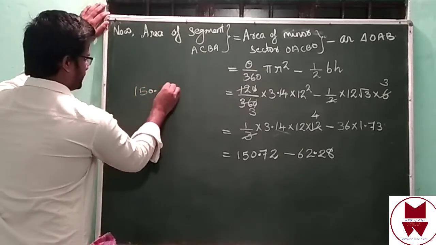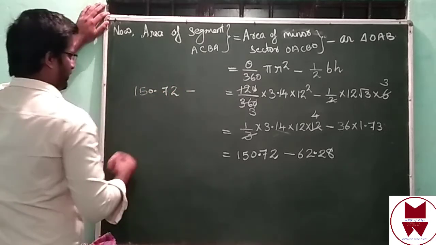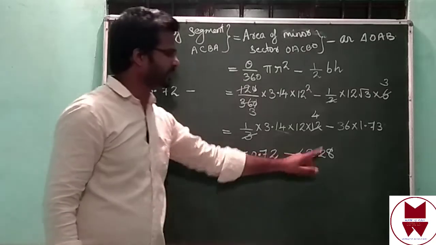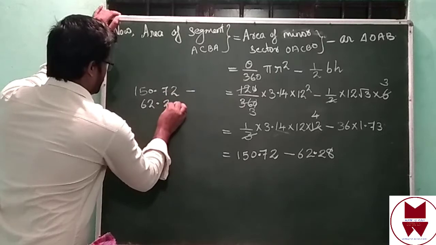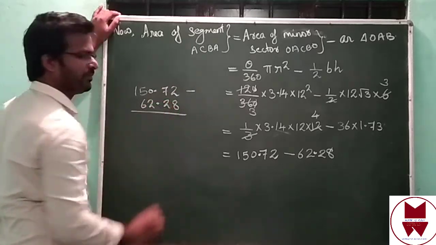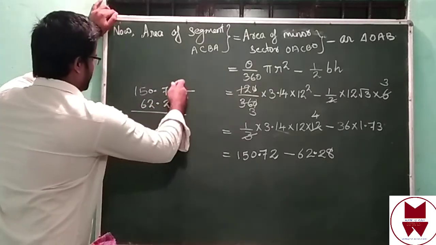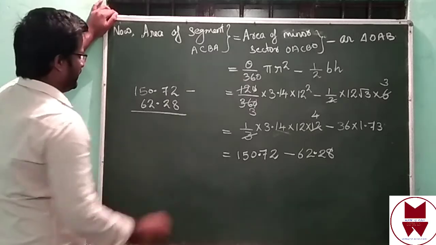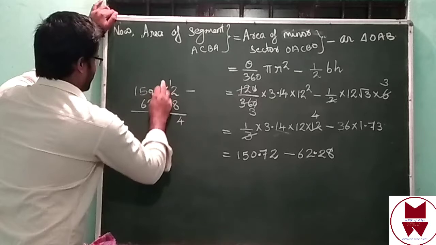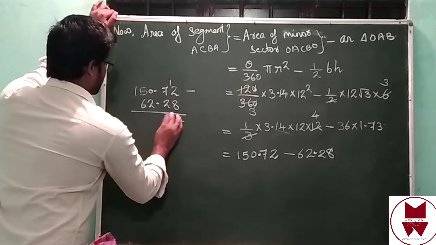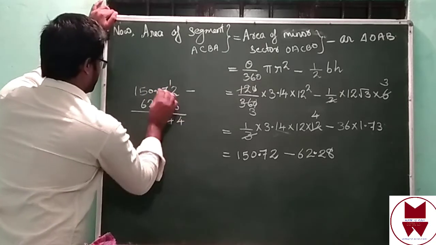150.72 minus 62.28. When you subtract, the points should be at the same level. Then only we can subtract. Then 2 minus 8 we can do, isn't it? Then this will be 12. 12 minus 8 is 4. Then 6 minus 2 is 4.